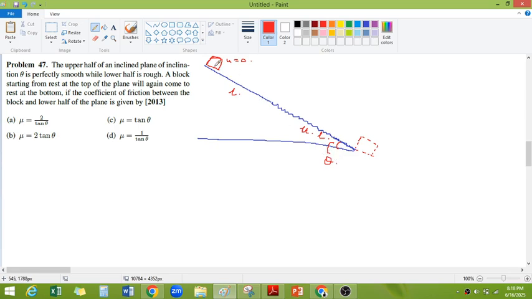because listen carefully, the first part, there is no friction, so mg will be acting here, mg cos theta will be acting here, and this will be mg sin theta.